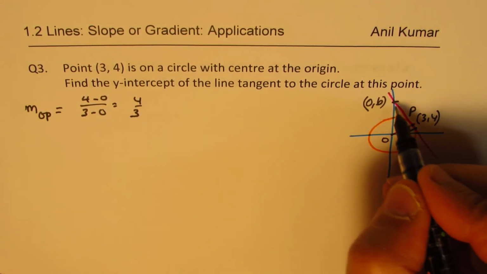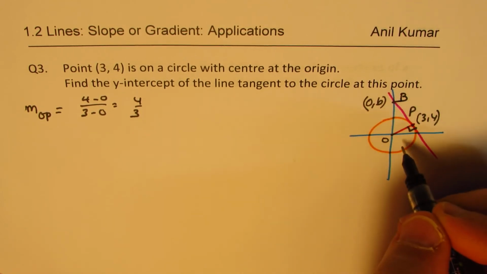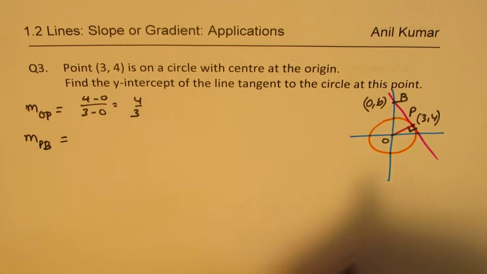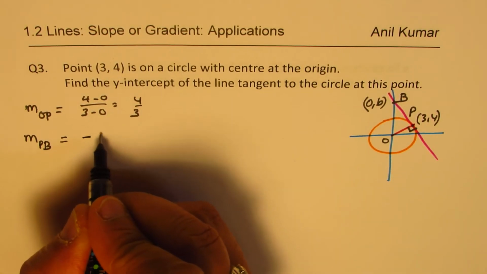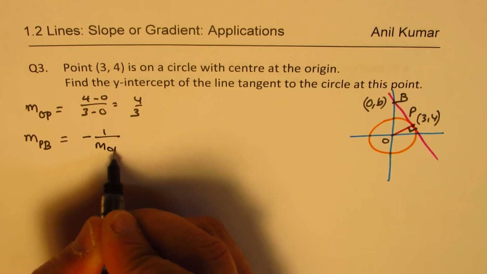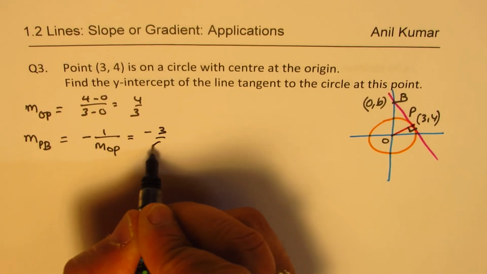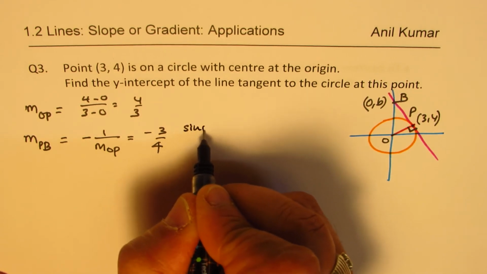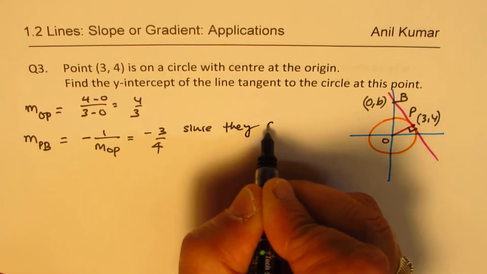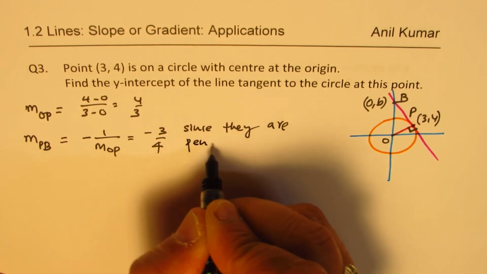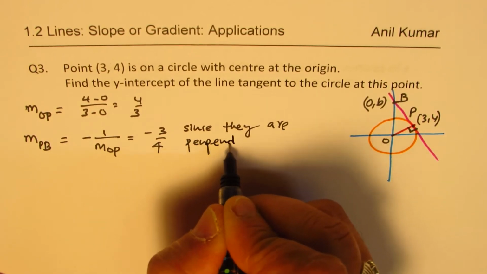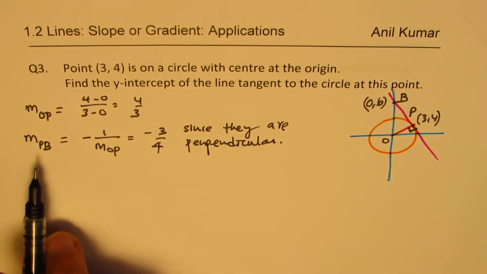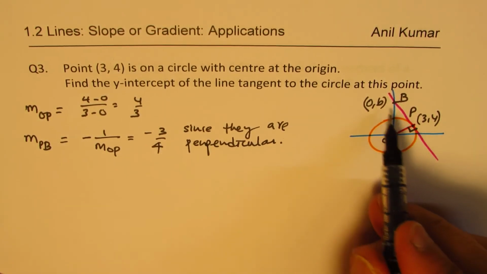Now, let's call this point B, which is the y-intercept. Now, slope of PB should be what? That should be the negative reciprocal of the slope of OP. So it should be negative 3 over 4. Since they are perpendicular, right? That makes sense?